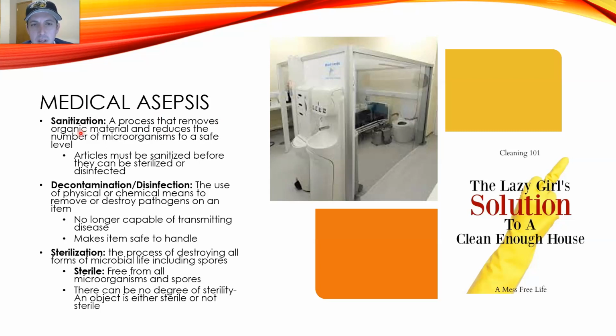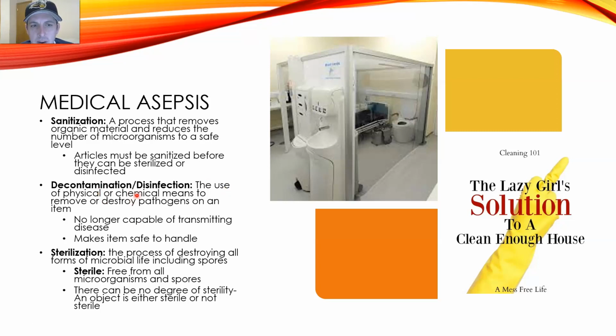So sanitization is the first step in this, right? And it's going to be the process of removing all of the organic material. So any blood, cells, anything like that, because those microorganisms can hide underneath those organic materials as well and be protected from the other cleaning situations, as well as we need to get to a first place where it is safe to handle these instruments, which is mainly what we're talking about.